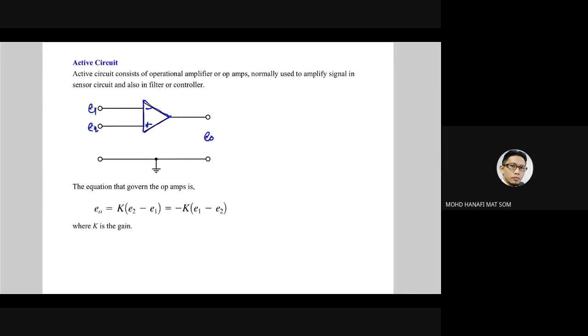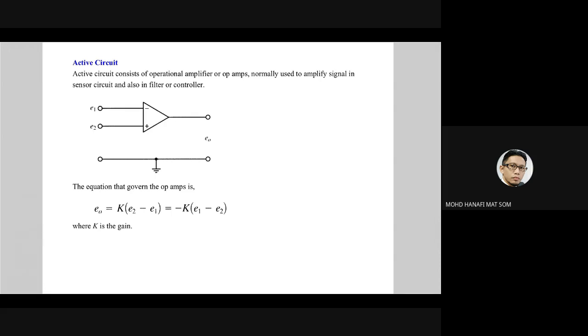The equation for this op amp is basically that the output is the difference of the two inputs, E1 and E2, multiplied by the gain K that is specified for this op amp.